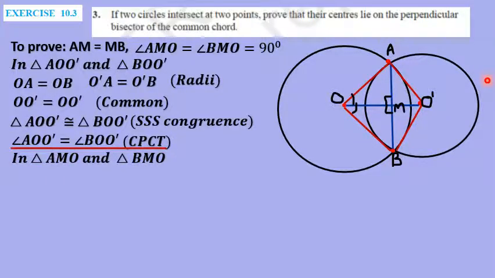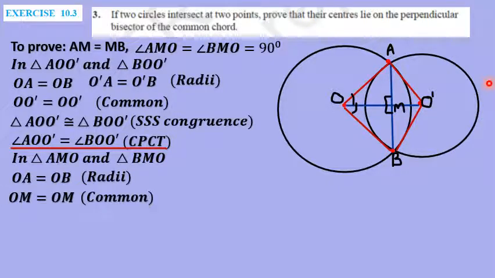Now let us consider triangles AMO and BMO, these two small triangles. In this, OA equal to OB because radius. Then OM equal to OM, common. Now angle AOM equal to angle BOM. This we already proved here.